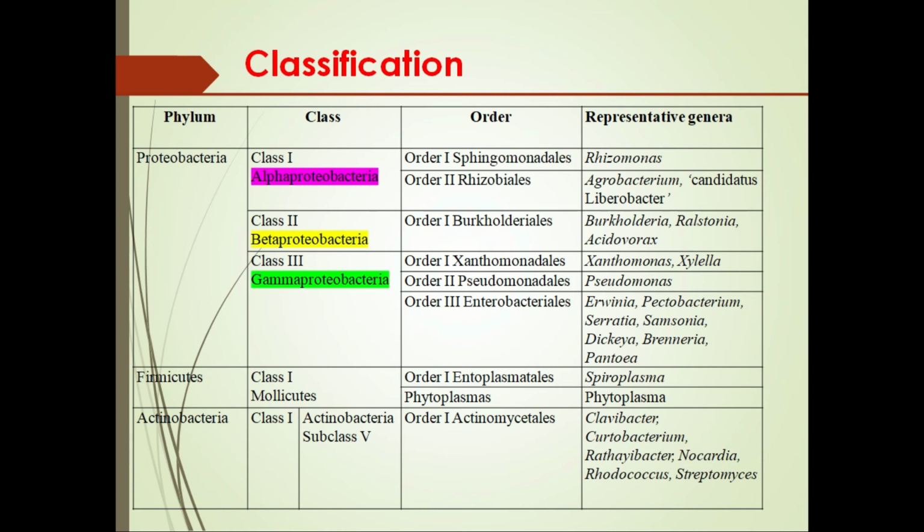So the phylum Proteobacteria contains all the gram-negative bacteria, whereas the phyla Firmicutes and Actinobacteria have all gram-positive plant pathogenic bacteria. So this is a glimpse of the classification of plant pathogenic bacteria.